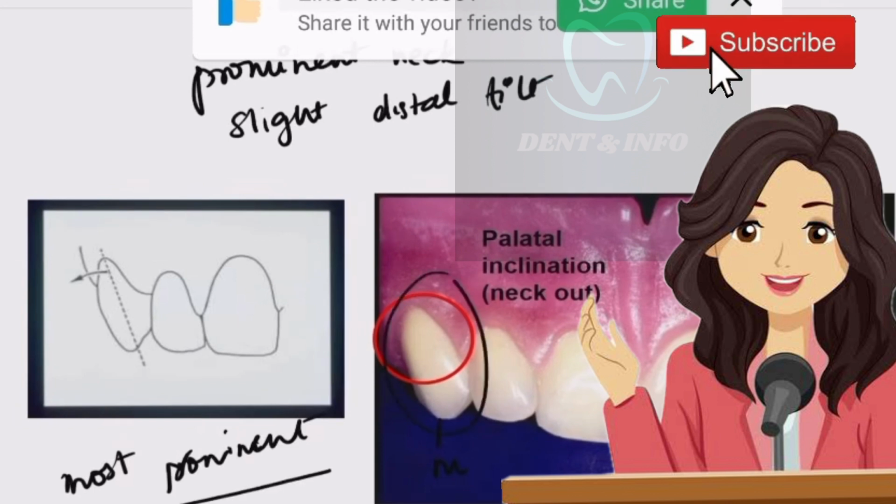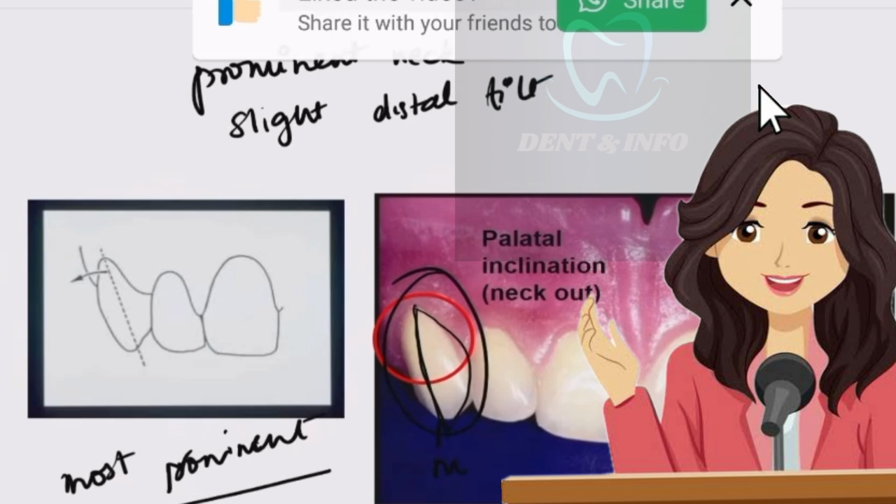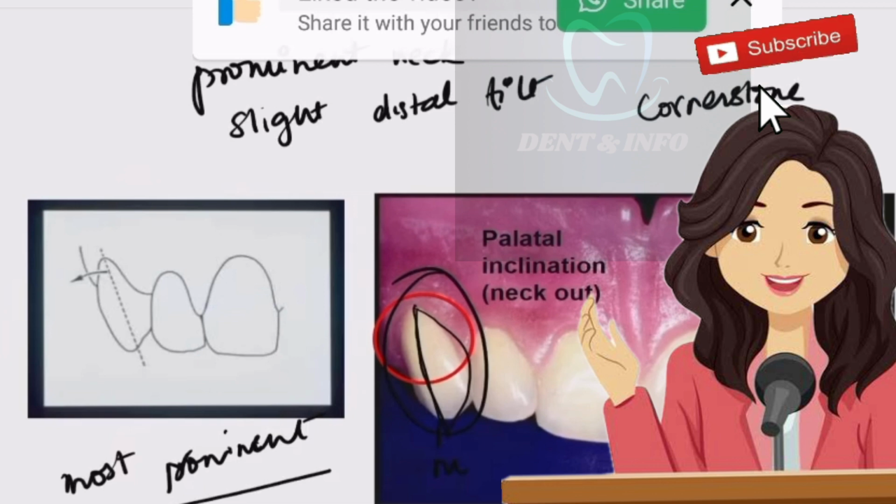Right? So canine is distally inclined with the neck jutting out actually, and it is slightly rotated to the distal such that from the middle portion of the tooth on the labial end, only the mesial aspect is visible from the labial side. The distal aspect is actually rotated towards the posterior. So it forms the cornerstone of the mouth. In general, if you see, it will form the cornerstone of the mouth.